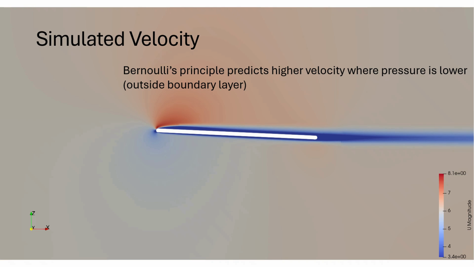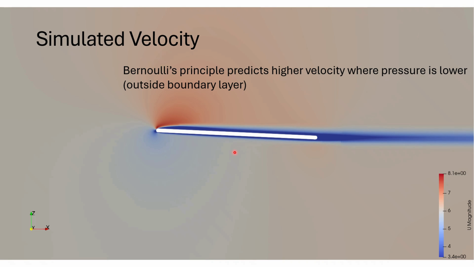And also, just for the sake of completeness here, let's wrap up our work with the balsa glider. This is the simulation of the velocities around the foil. Again, redder is faster, and we see red over the top here where we saw the low pressure, just like Bernoulli would predict.